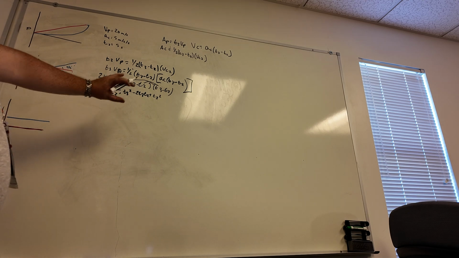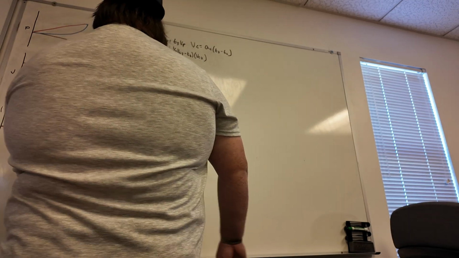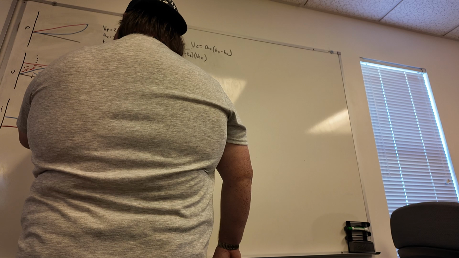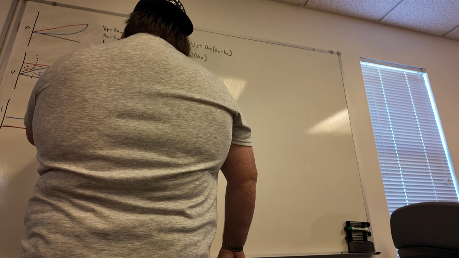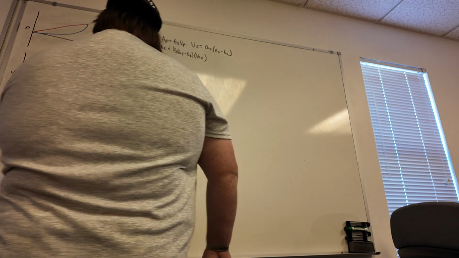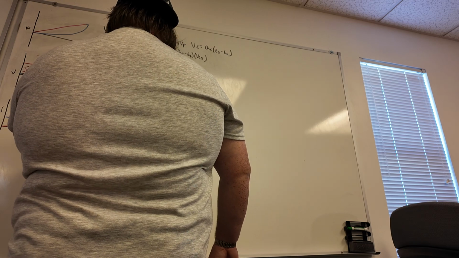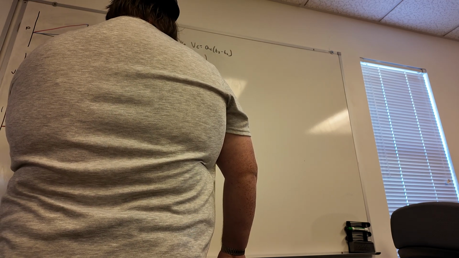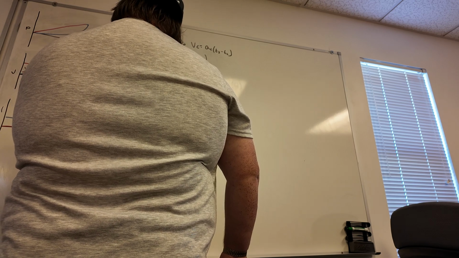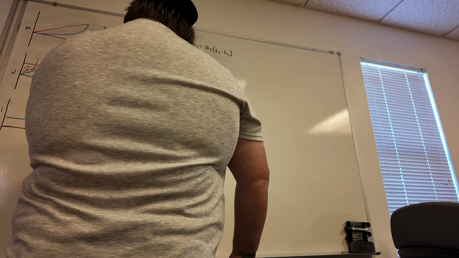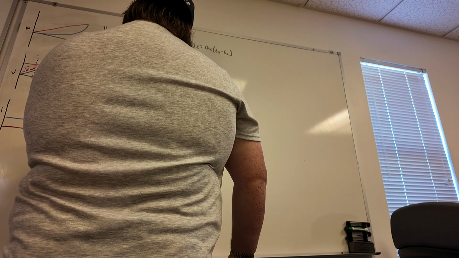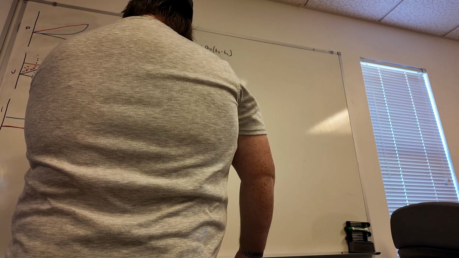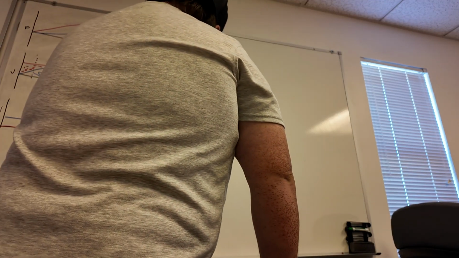Basically, we want to get 0 on one side, so we need to move everything over. Okay, and then that will be equal to 0.